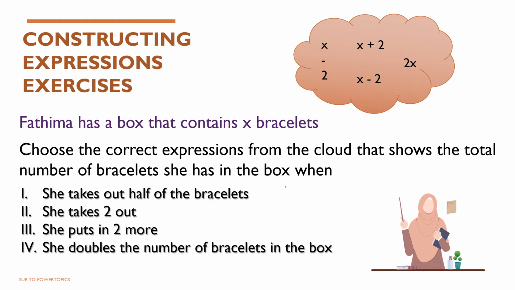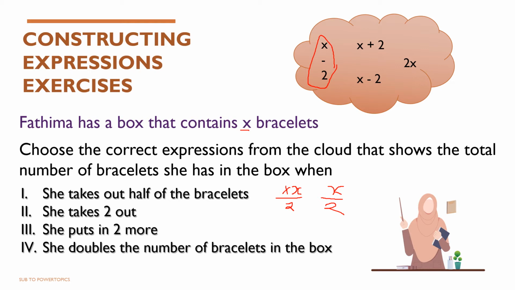So we know that half is written like this, and the half is of X. Now how do we write half of X? We can just write 1x here. But as you know, in algebra, we can just cut out the 1 and we'll get x over 2. So the answer for number 1 is this one.